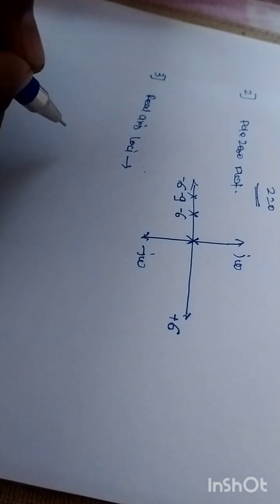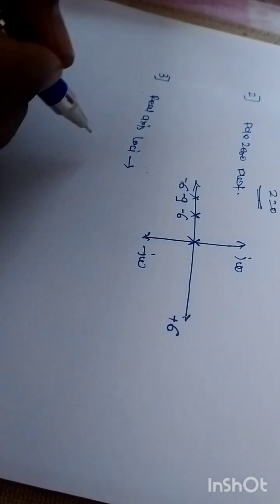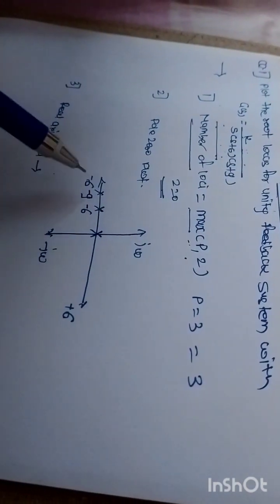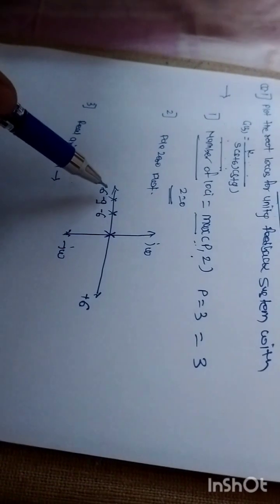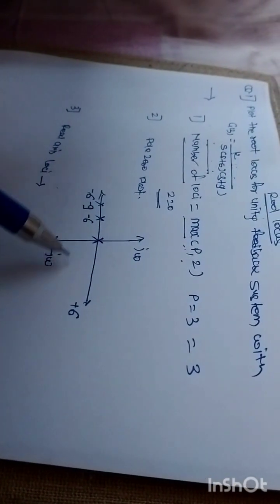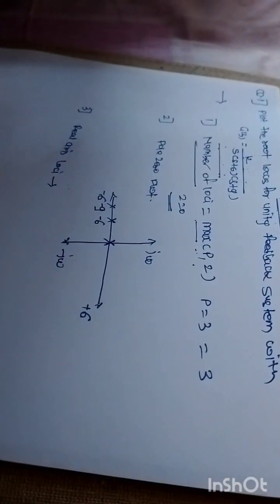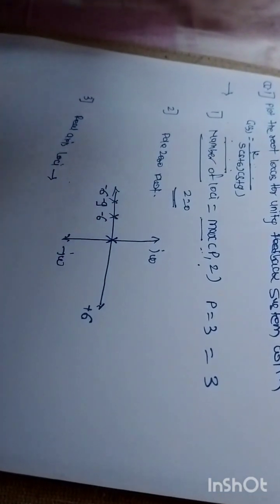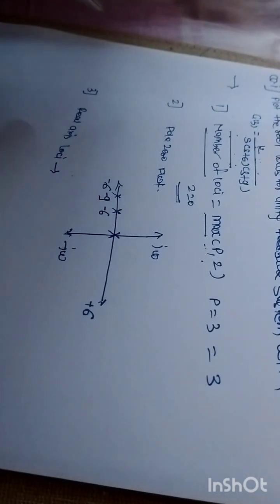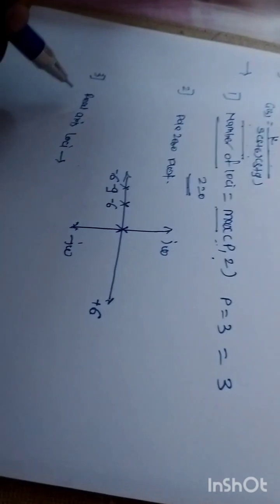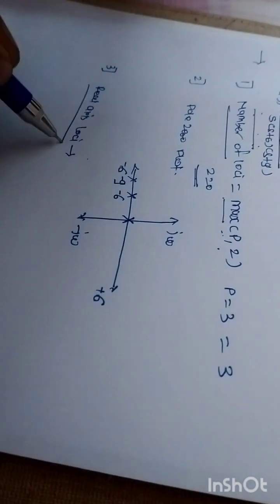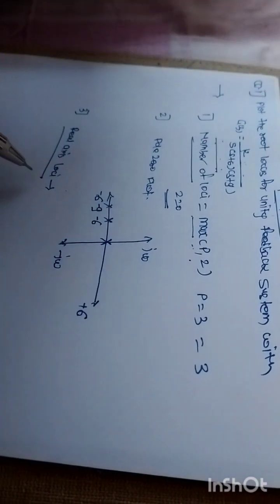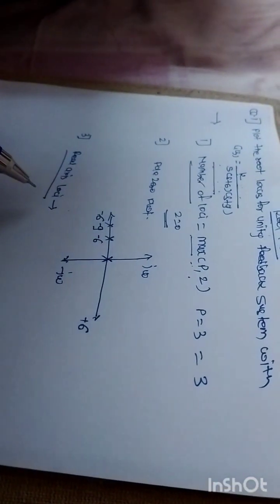One more important thing to understand, which is a basic property of root locus, is that the root locus is always symmetric about the real axis. It is never plotted on the vertical axis. By taking this property into account, in step number 3 we need to determine the real axis loci.